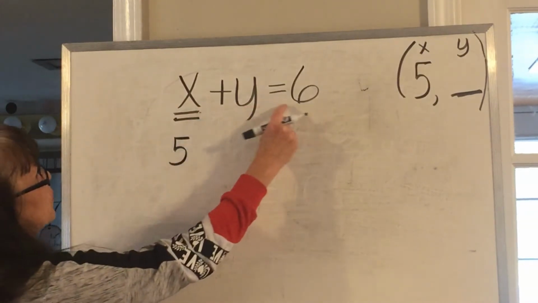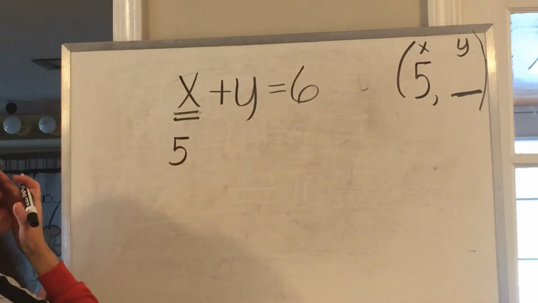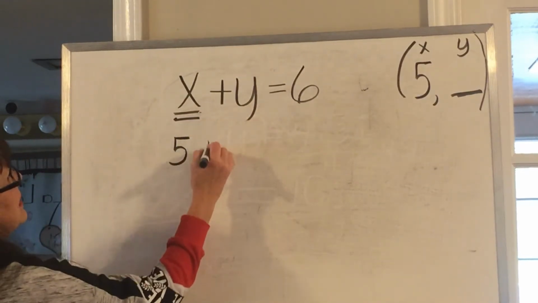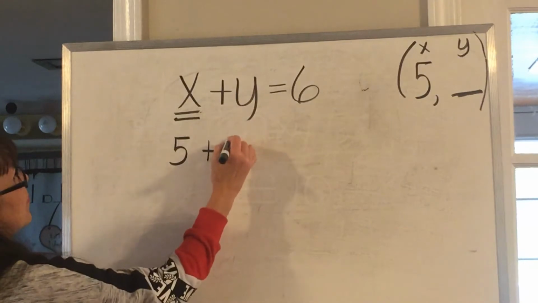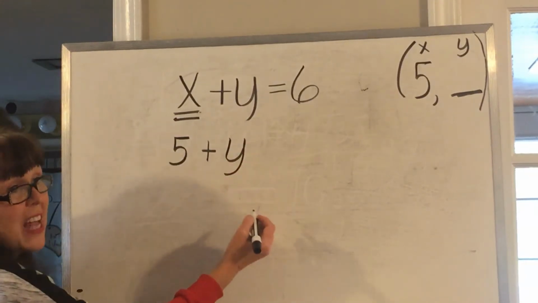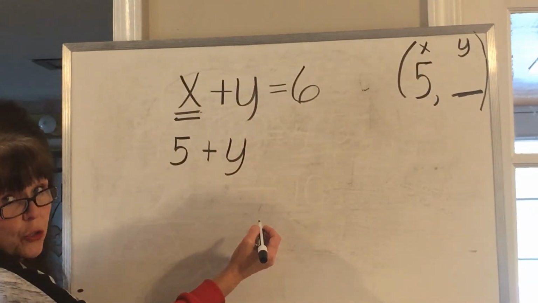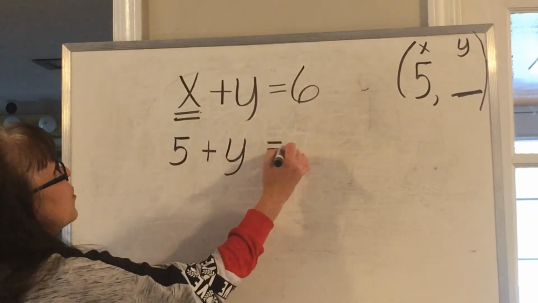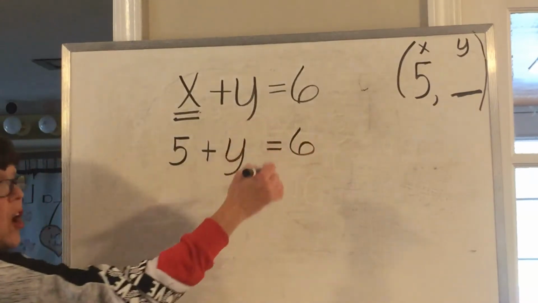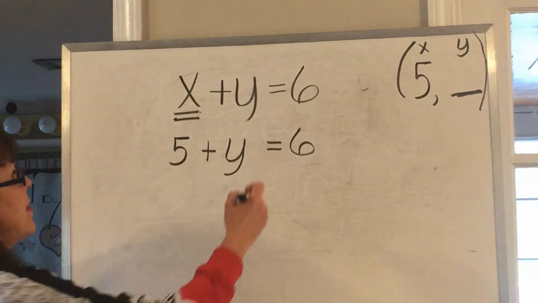So they have an X, replace it with 5. And then what are you going to do with the rest of the problem? Bring it down. So they have a plus, I have a plus. Bring down Y, because that's what we're trying to find the answer to. Equals 6. Solve for Y. What does that mean?